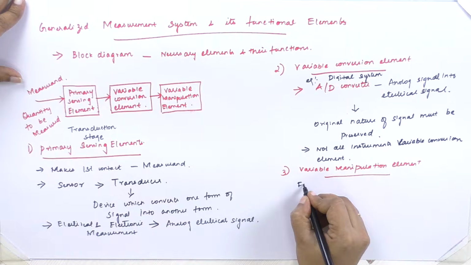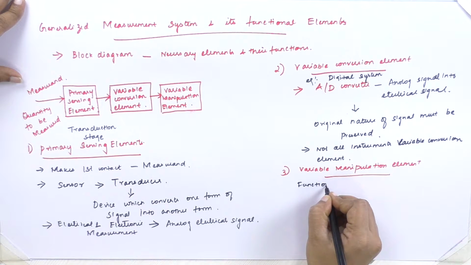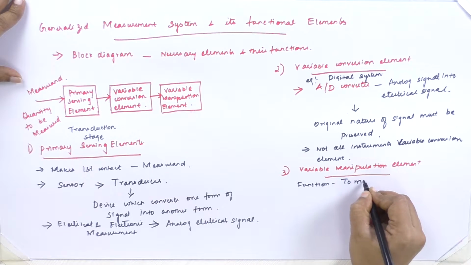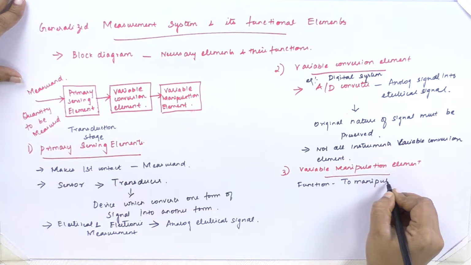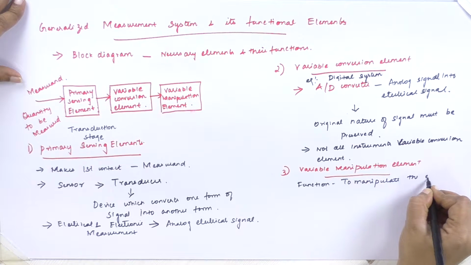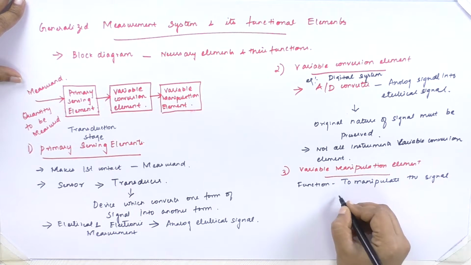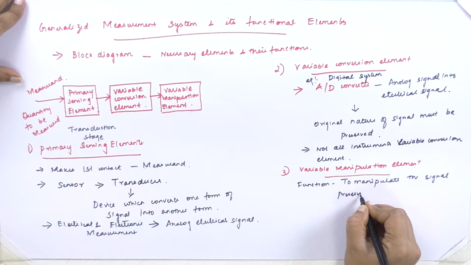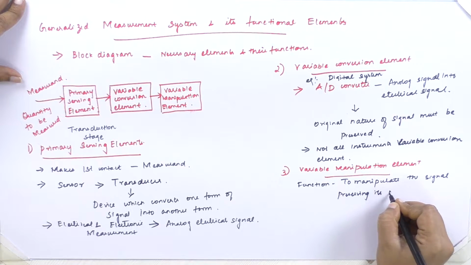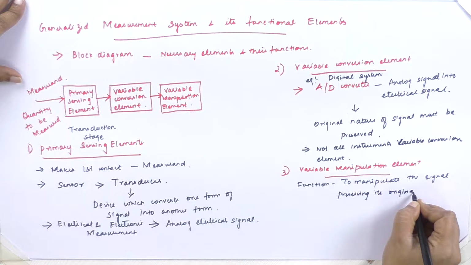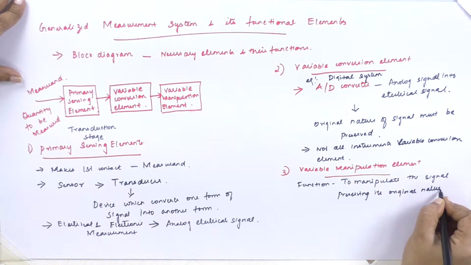So, the main function of this variable manipulation element is to manipulate the signal, preserving its original nature.